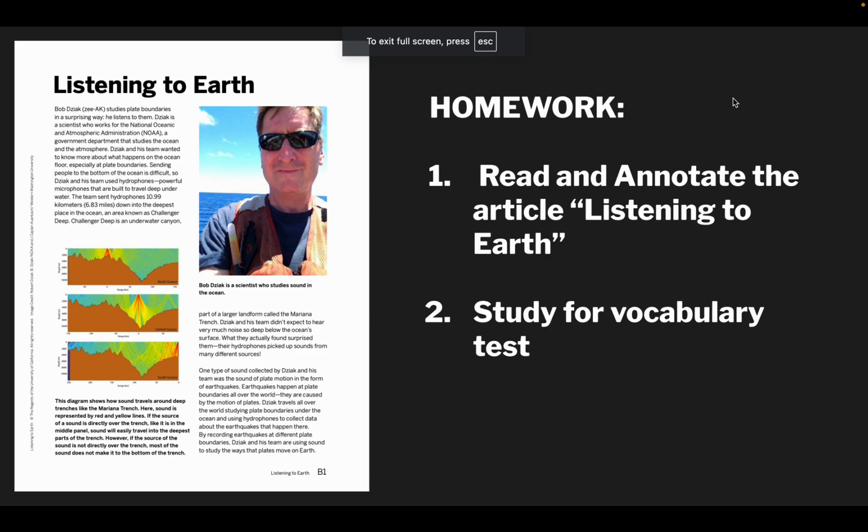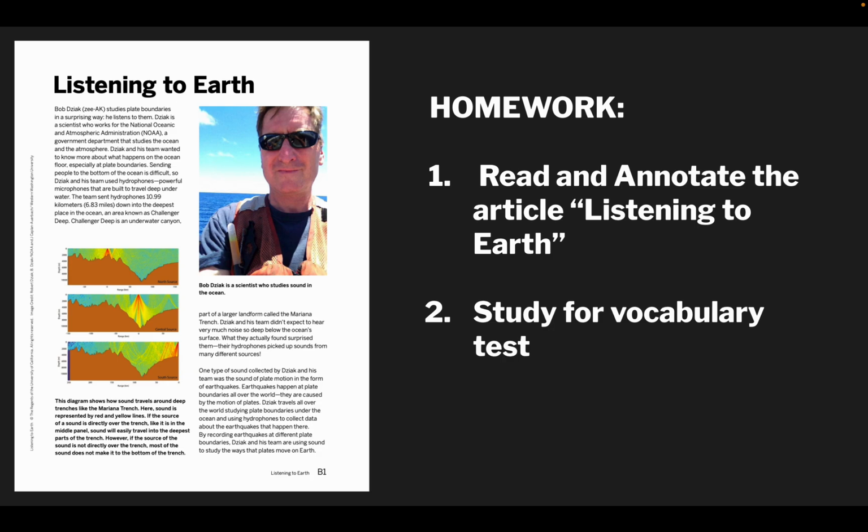Okay, there is homework. In today's folder, you're going to see that I have an article. It is to read and annotate the article, Listening to Earth. So this article is a 3-page article, and it talks about this scientist who studies sound in the ocean.